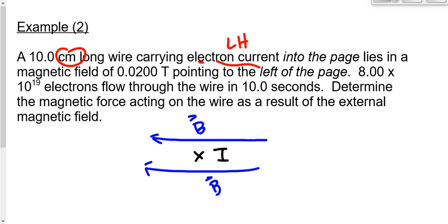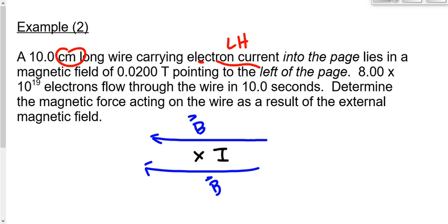That doesn't happen very often either, but they wouldn't have to do anything, right? Because there is no force if they're parallel to each other. Are they perpendicular to each other? Yeah, they are, right? One's into the page, one's towards the left of the page. So I'm allowed to use that hand rule for deflection, and I'm allowed to use that new equation that I just learned. This many electrons flow through in 10 seconds. What's the magnetic force acting on the wire as a result of the field?